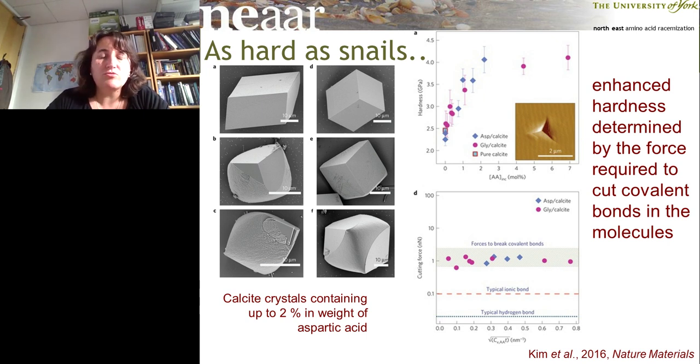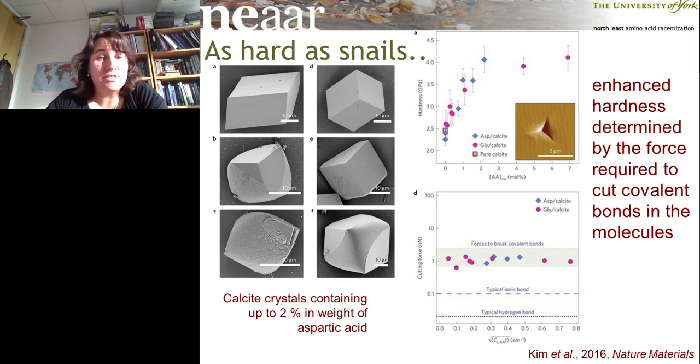But what was really interesting is that as you incorporate more amino acid into your crystal, if you look at the top right-hand graph, the concentration of amino acid incorporated is on the x-axis, and the hardness of that material is on the y-axis. And you can see a really strong increase in the hardness as you incorporate more amino acids up to a certain point.